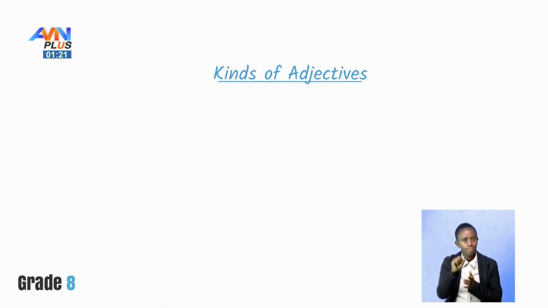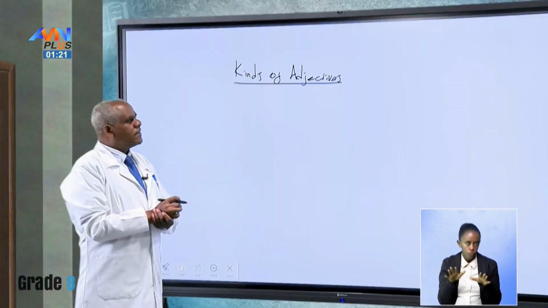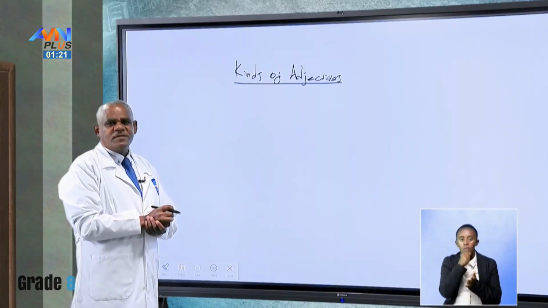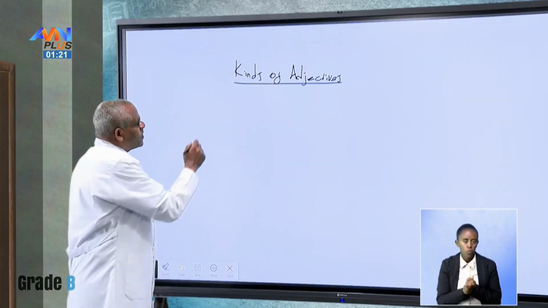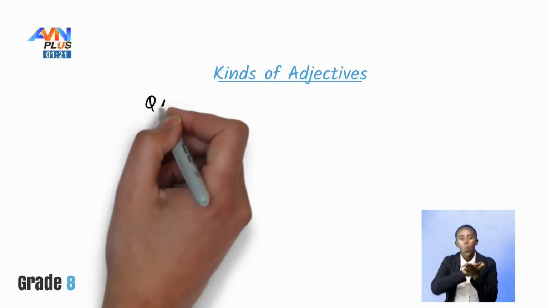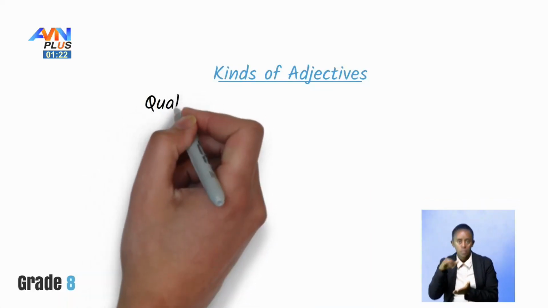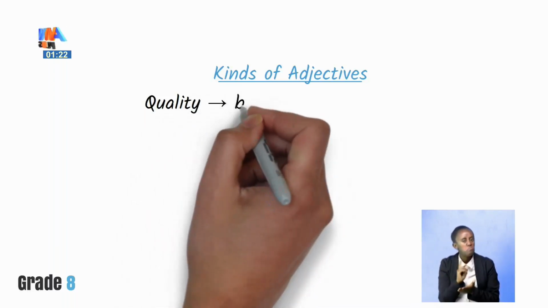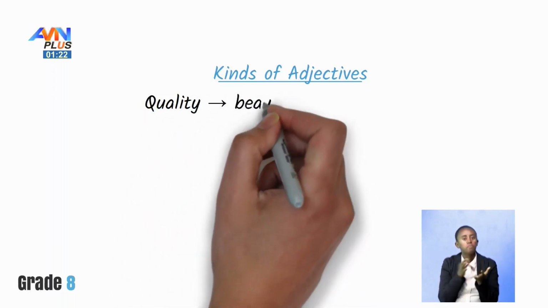As I have already stated, there are 6 kinds of adjectives that you have to know. The first one is quality. This is the first function of an adjective. What do you mean by quality? I would like to mention some words.